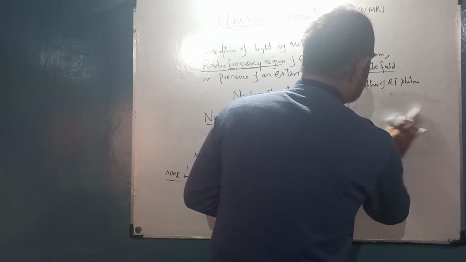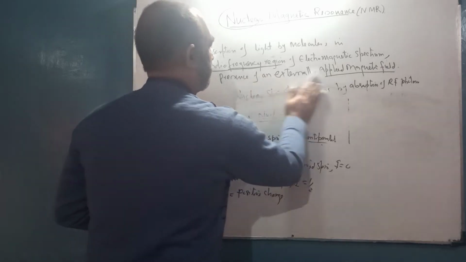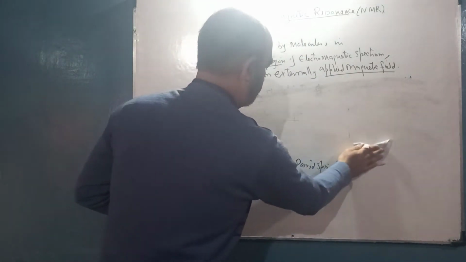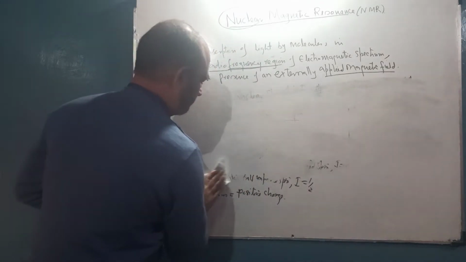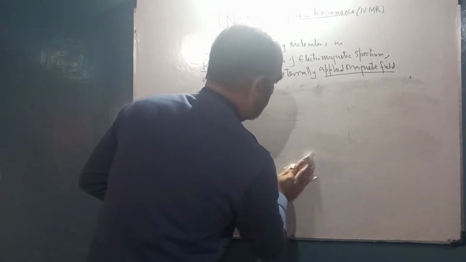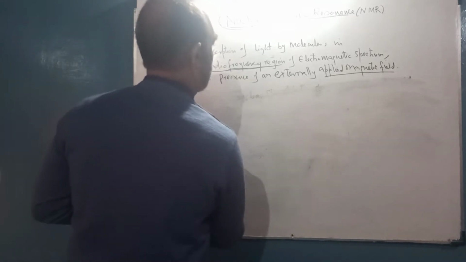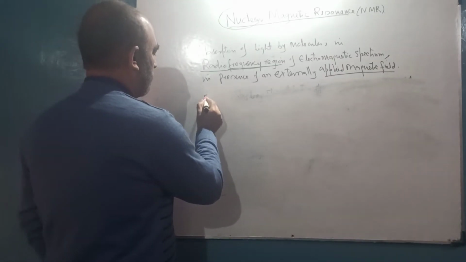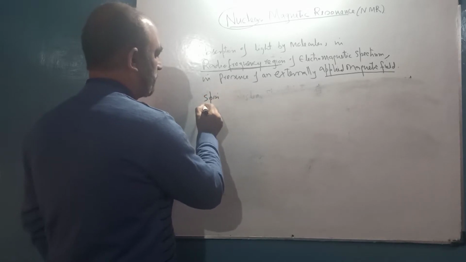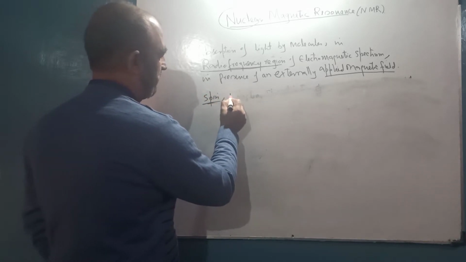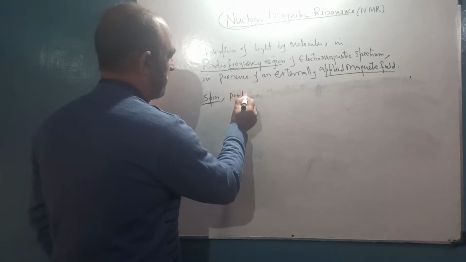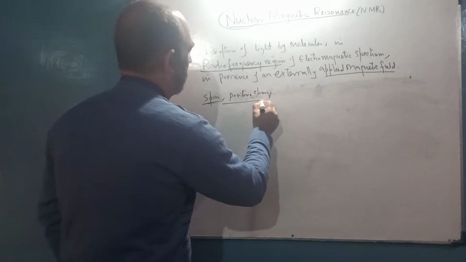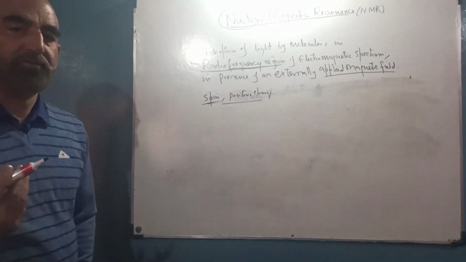Now what are the consequences of having a spinning positive charge? This positive charge with a spin gives rise to a magnetic field.